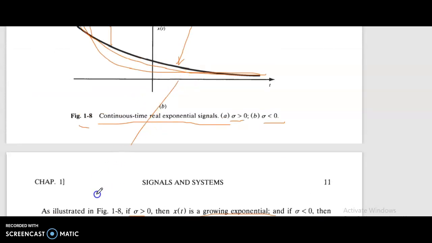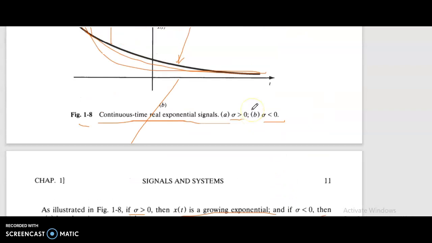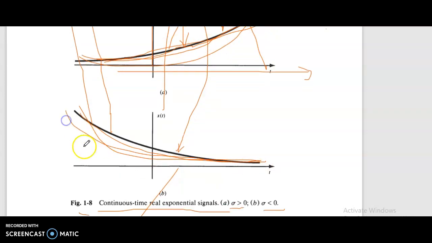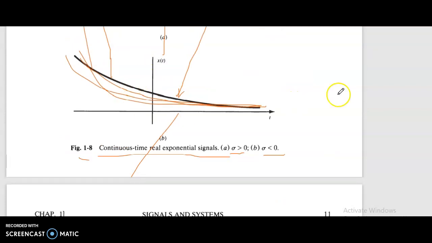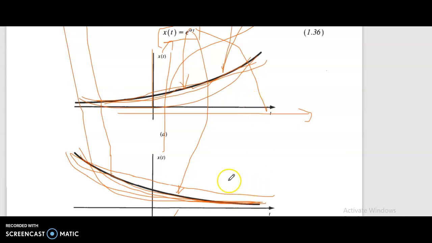Here it is exponentially growing, and here exponentially decaying.